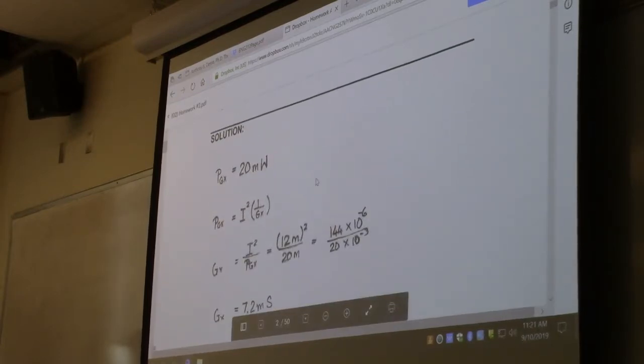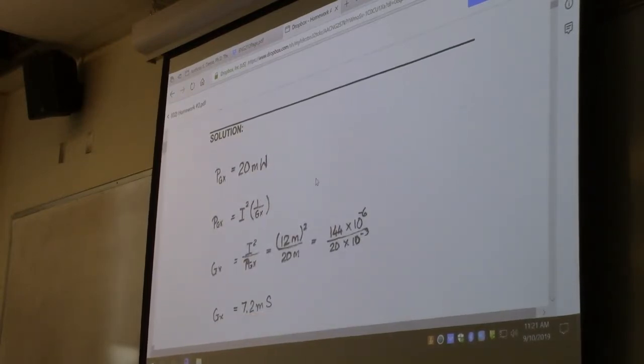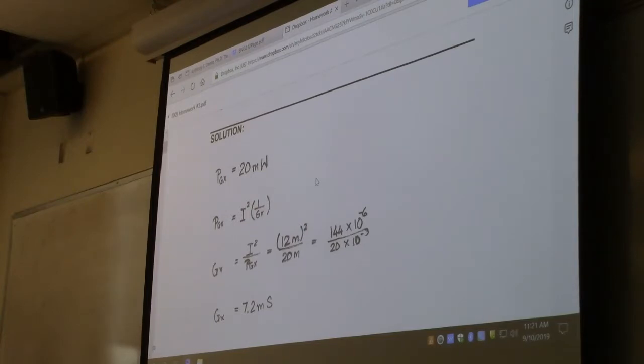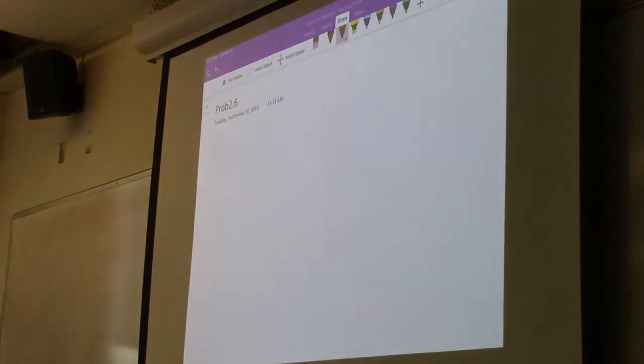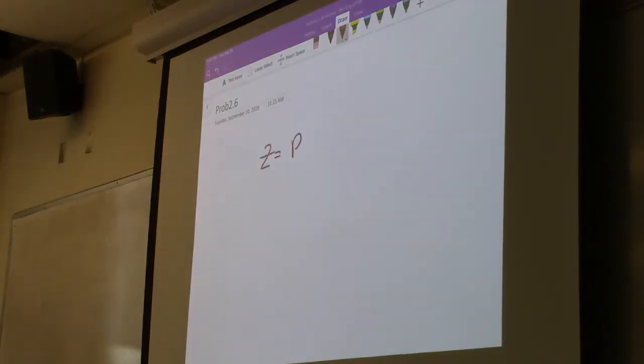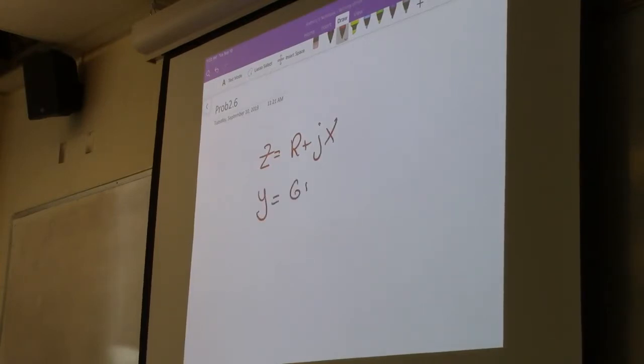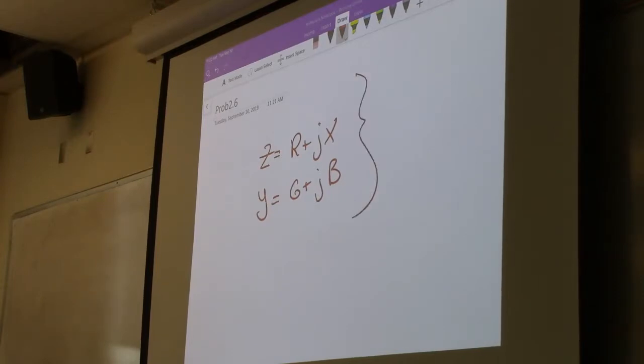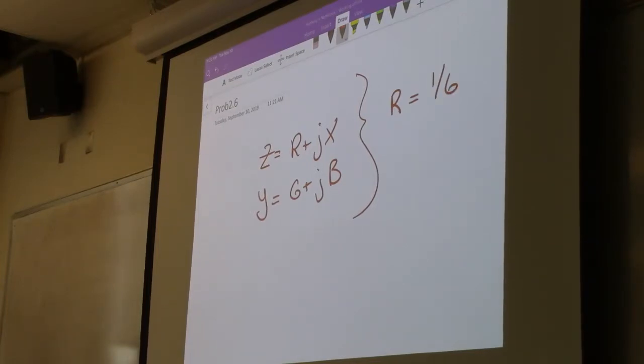So G is, and again, remember, for real circuits, one over G. That's a G, not a 6.